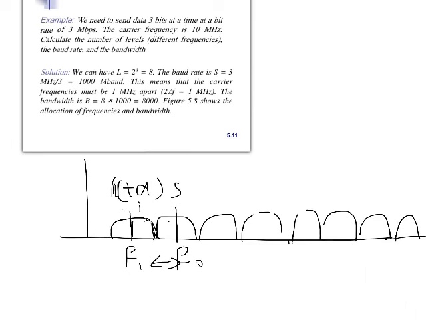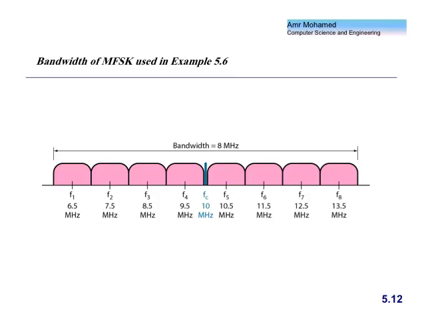Okay, so let's see how this looks. Say the carrier frequency of the entire composite signal is at 10 megahertz. This is the carrier frequency, and it is fixed.